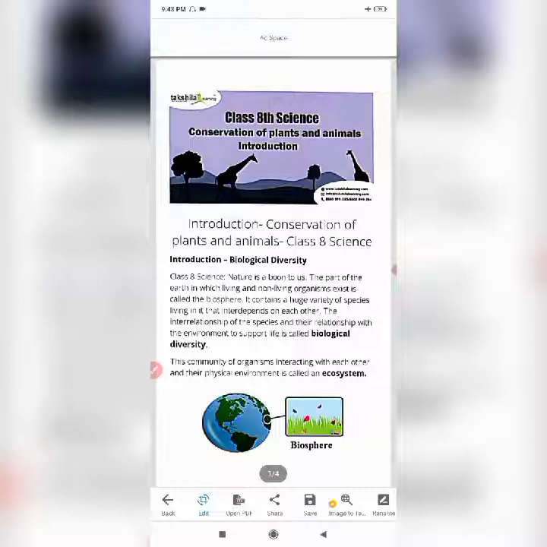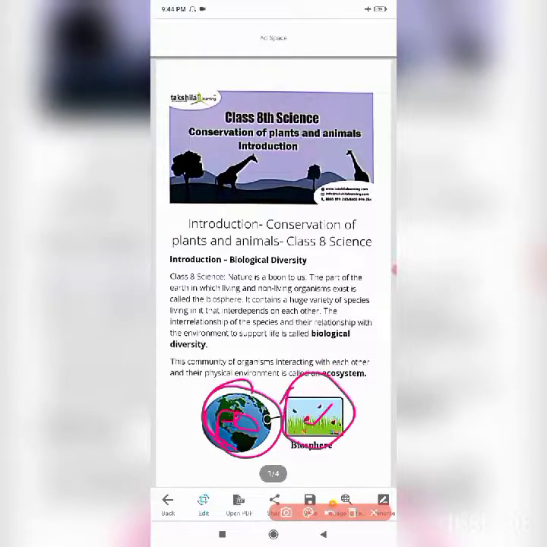So you are looking here at the globe, and on this earth, this is the biosphere where the plants are present. So have a look on this picture of diversity.